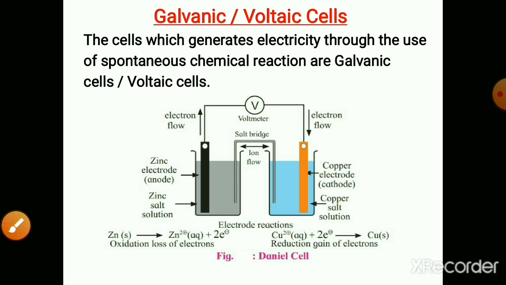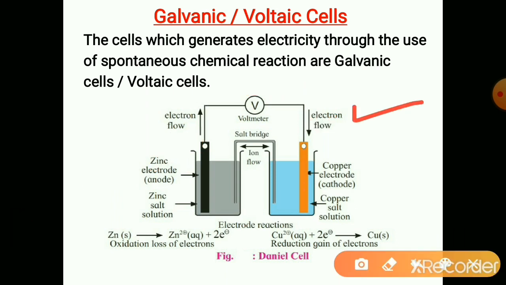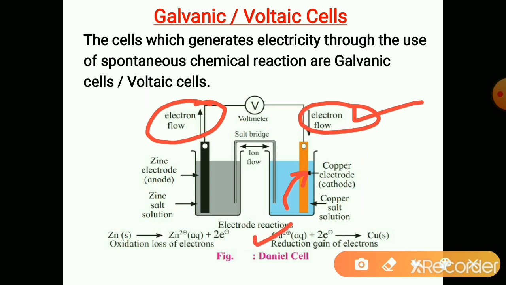Copper ions from the solution receive the electrons from the metal strip, and reduction of those copper ions takes place and they get deposited on the copper electrode as solid copper atoms.